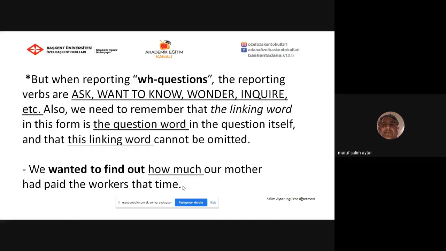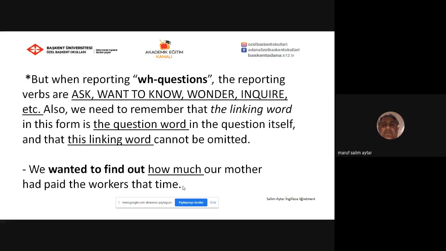But when reporting WH questions, the reporting verbs are ask, want to know, wonder, inquire, etc. Also, we need to remember that the linking word in this form is the question word in the question itself, and that this linking word cannot be omitted.